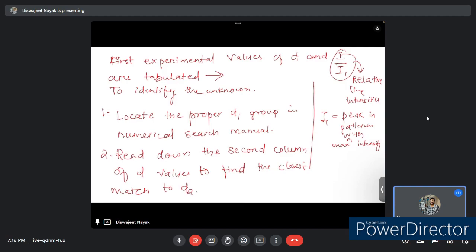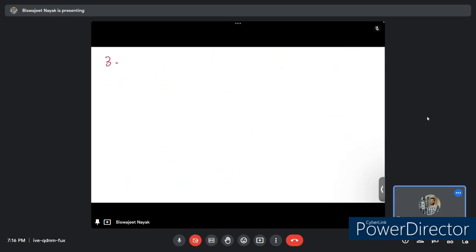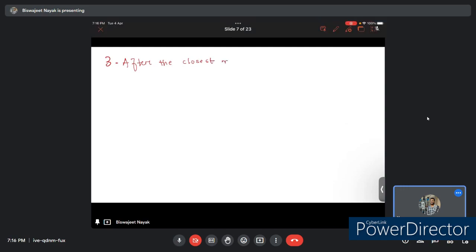Then we read down the second column of D values to find the closest match to D2.